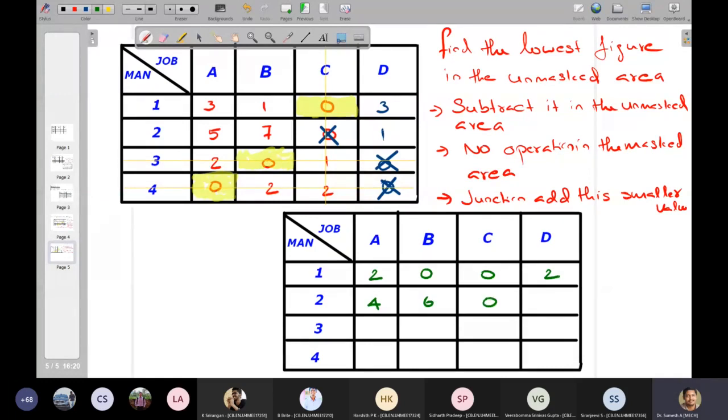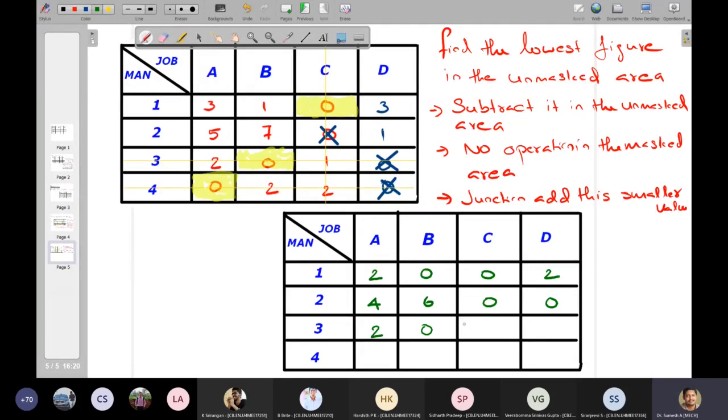Now 2 will not have any change, 0 also will not change. This 1 is a junction, the meeting place of both the horizontal and vertical line, so it will be 1 plus 1, 2.